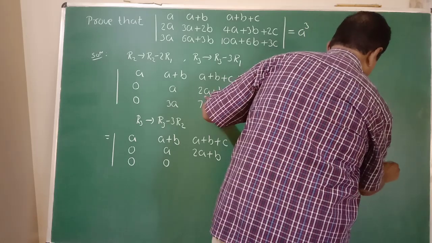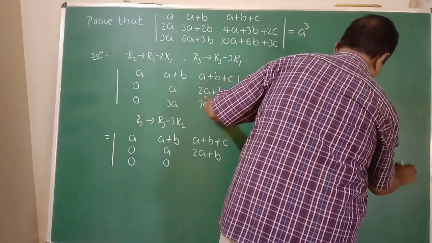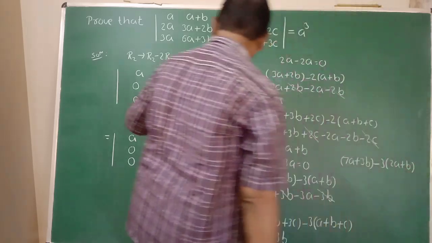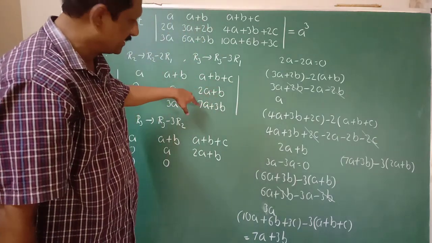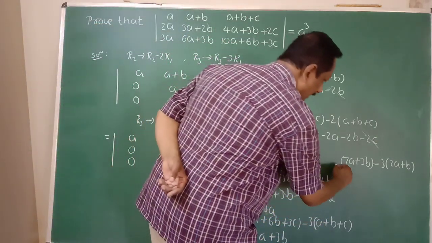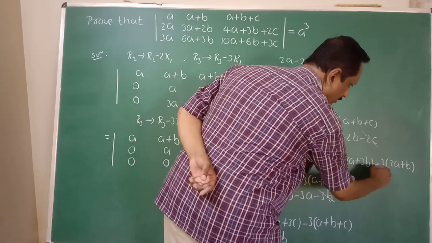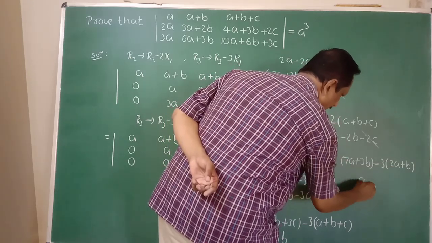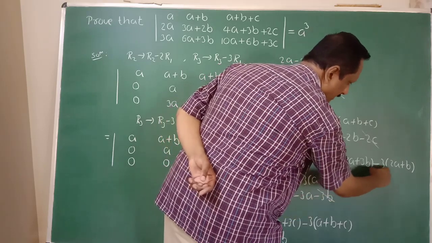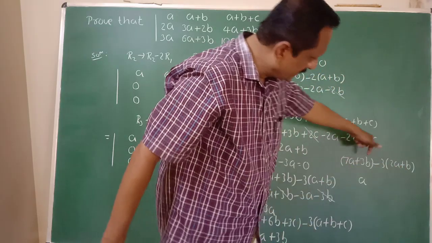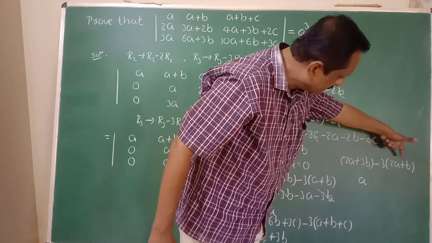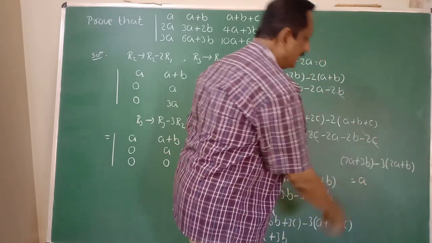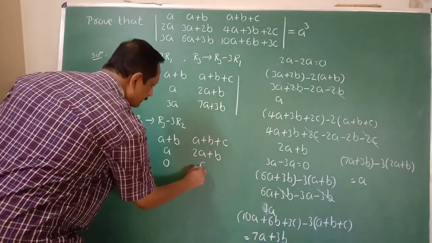Here 7a, and 3 twos are 6, so 7a minus 6a becomes only a. Then minus 3 into b becomes minus 3b, and 3b minus 3b becomes 0. So remaining only a.